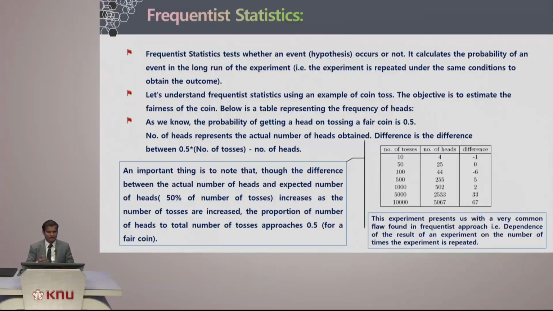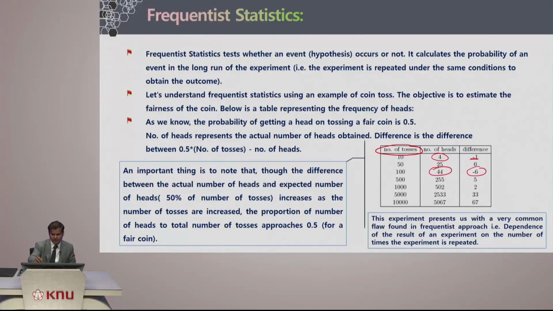Theoretically, as you increase the number of tosses, they have to remain the same, right? The number of heads you get should always be 0.5. But as you can see from this table, when the number of tosses increases, the chances are changing. For example, among 10 there should be 5 initially, but only 4, which means 1 different. And among 100 there should be 50, but in the actual experiments only 44 came out, so the difference is 6.